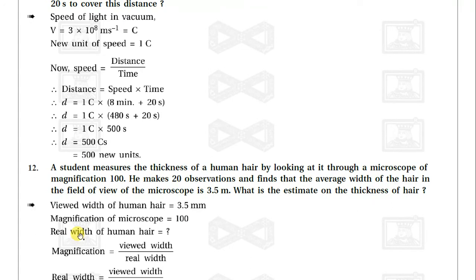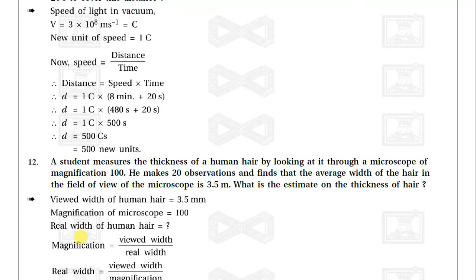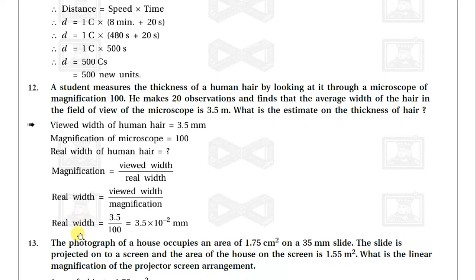Second is the measurement of the thickness of human hair by looking at it through a microscope of magnification 100. He makes 20 observations and finds that the average width of hair in the field of view of the microscope is 3.5 mm. What is the estimate of the thickness of hair? The viewed width of human hair is equal to 3.5 mm.